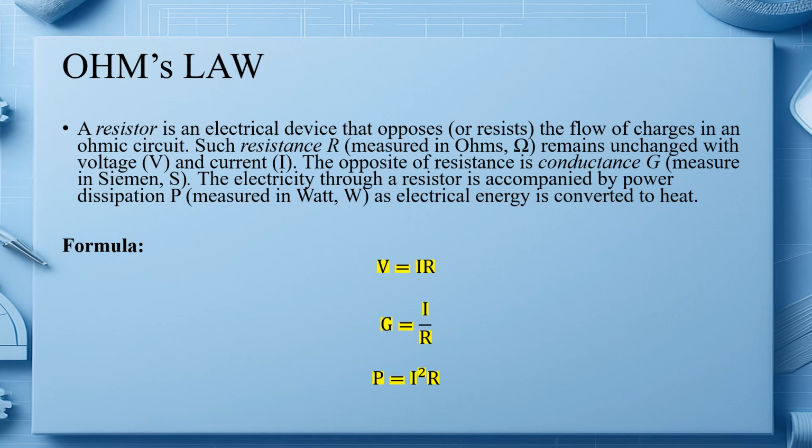Here, the formula for power is I squared times R or V squared over R. So Ohm's law is V equals IR. You can memorize this formula. This can be used in future calculations.